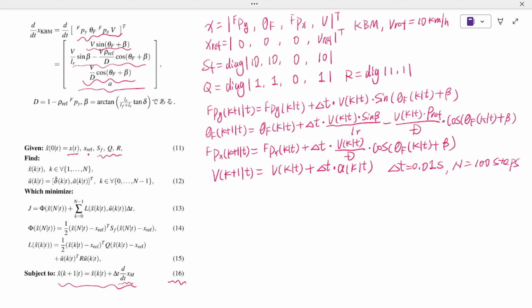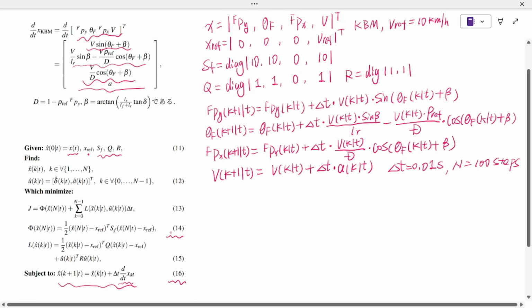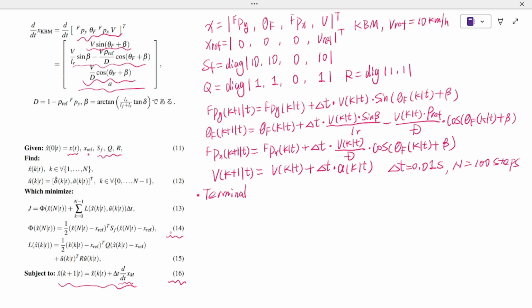All right. Following that is the terminal cost, equation 14. It goes to phi equals 1/2 times. Here I directly substitute the state x into the equation.